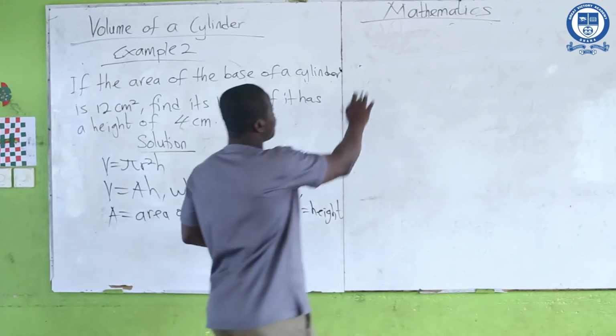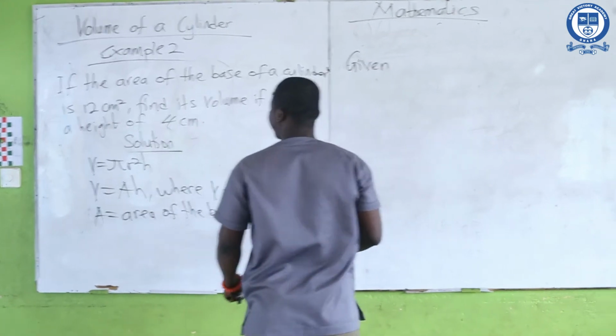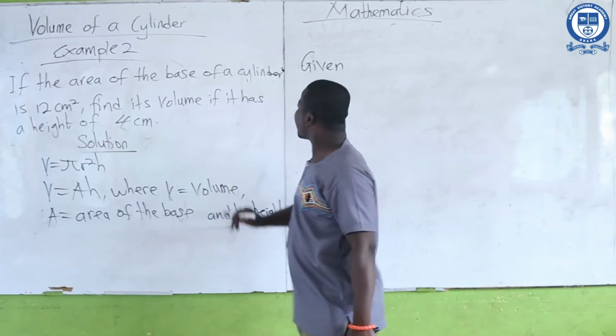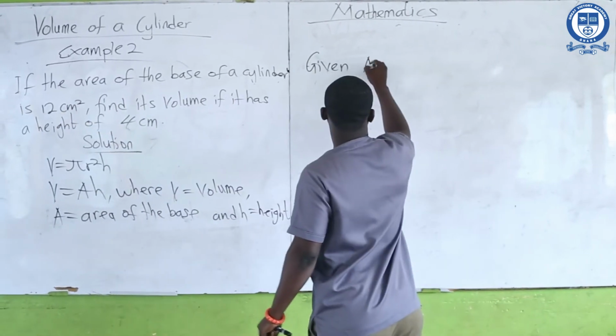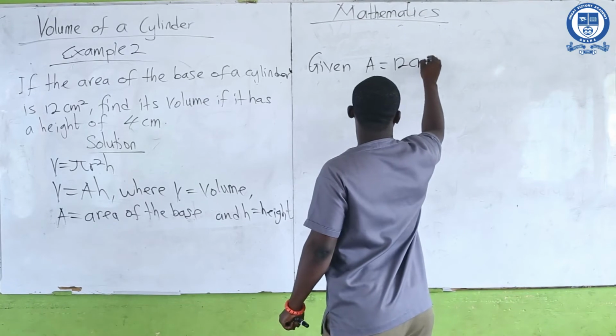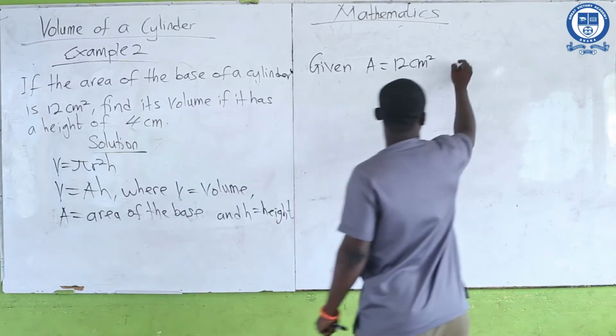Next step, we look at the data that was given to us. In the question, we were given the area of the base to be 12 centimeters squared, and the height to be 4 centimeters.